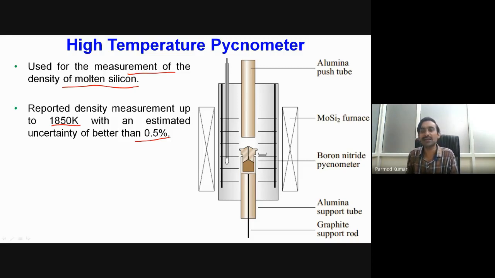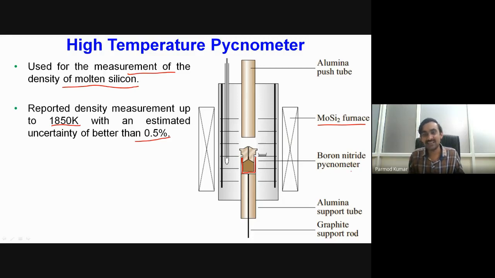If you see the construction of this device, it consists of a molybdenum disilicate furnace, and the whole device is placed inside the furnace. And over here, this very small chamber represents our boron nitride pycnometer cell.